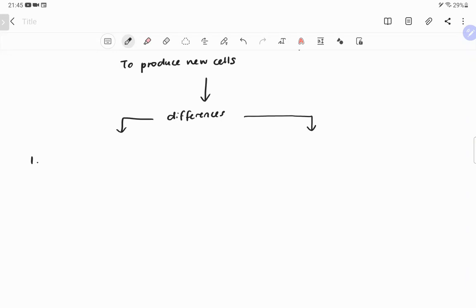Remember last time I told you mitosis produces two daughter cells, but meiosis produces four daughter cells. So the first difference is that mitosis produces two daughter cells, and meiosis produces four daughter cells.